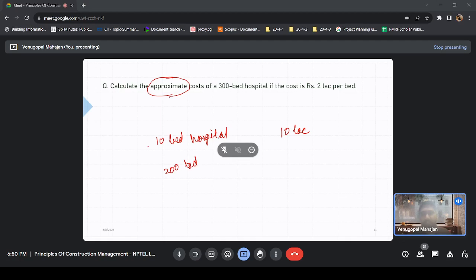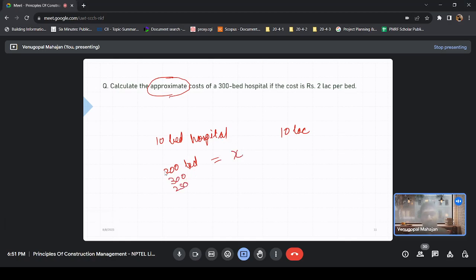So for a 200 bed hospital, you have got some cost, let's say X. Now, when you are increasing it to 300 or 250 bed, it would be quite similar, right? With the increase in number of beds, the things would be increasing proportionately. But you can't use the 200 bed value to calculate a 1500 bed hospital cost, right?